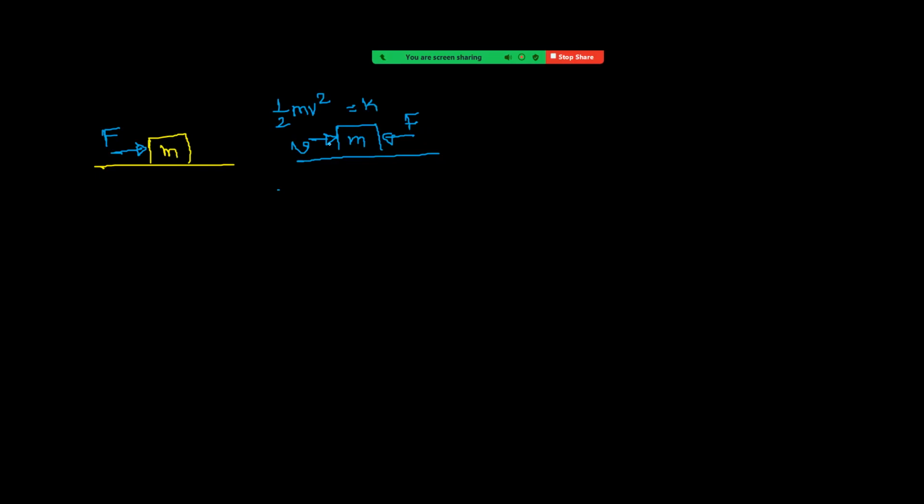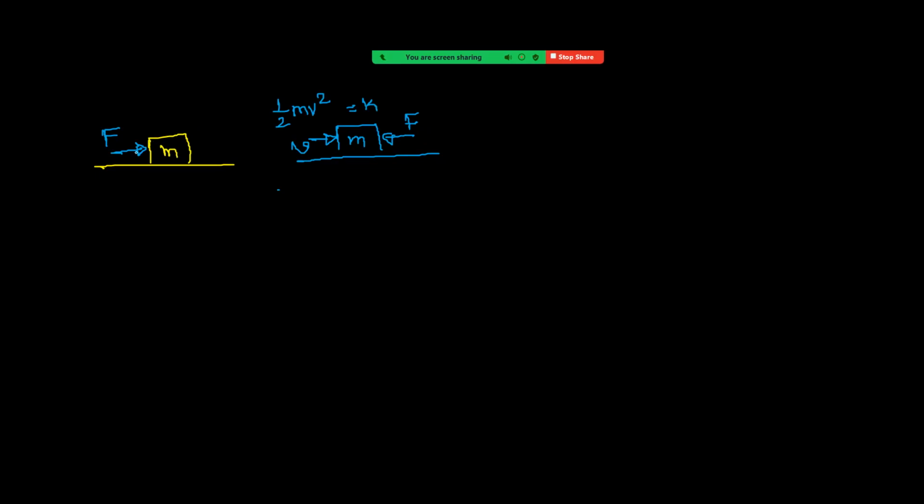Acceleration and velocity are opposite, so speed decreases. That means the kinetic energy of the block decreases. So in this case, we say that the work done by that force on the block is negative.